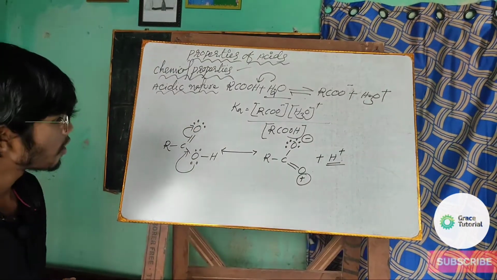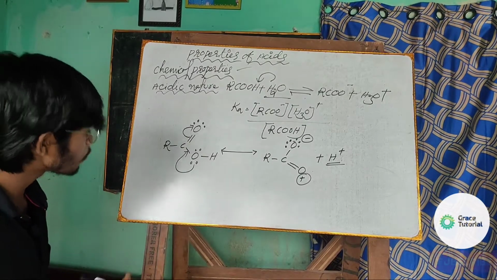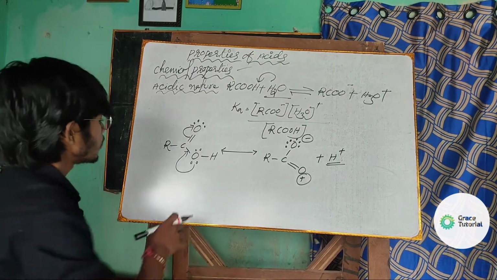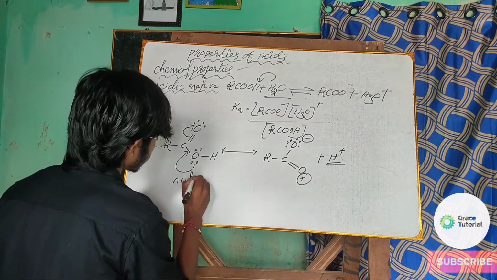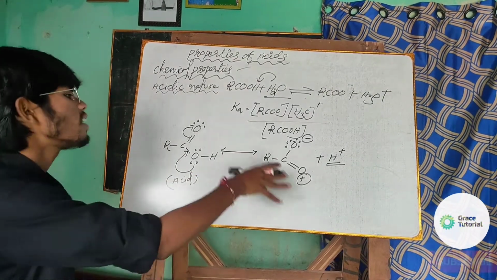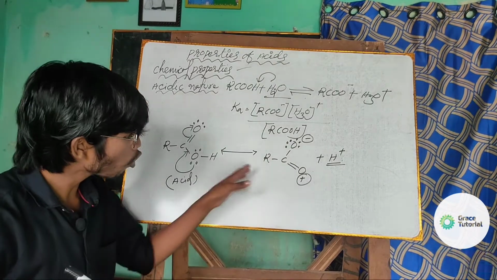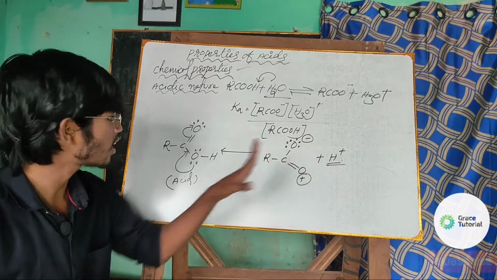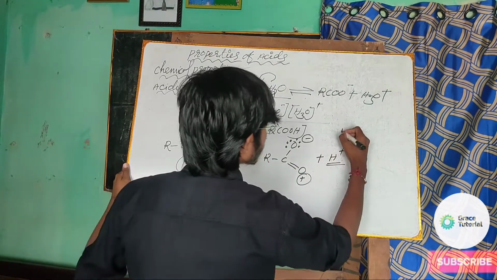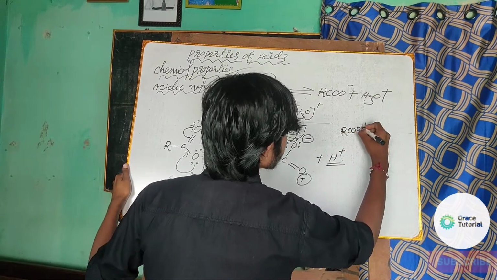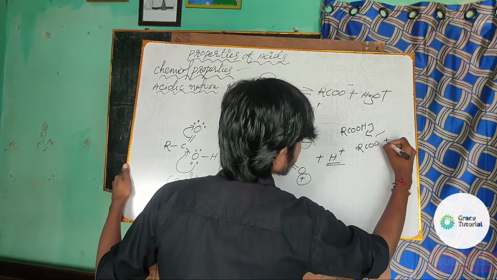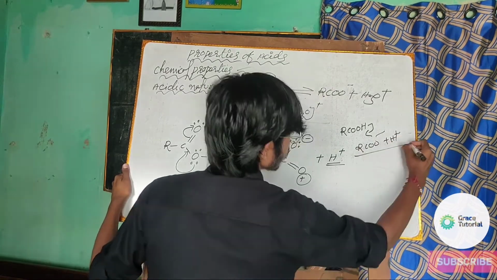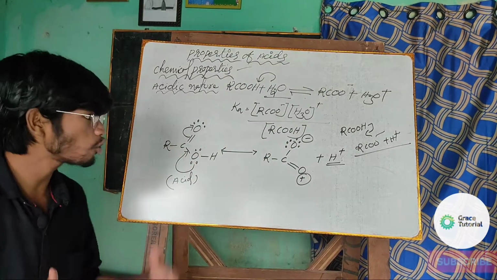If you look here very carefully, the acid has a resonating structure. That means it can also be written as RCOO minus and H plus. If you dissociate RCOOH, you get RCOO minus plus H plus. So how can we explain the acidic nature of this acid?